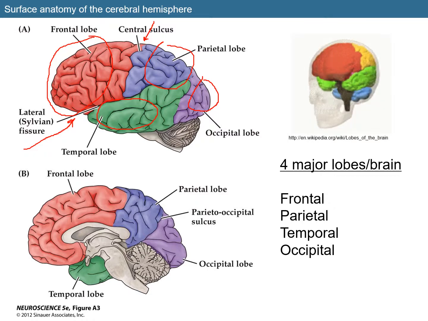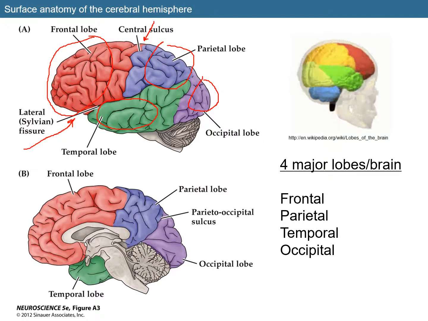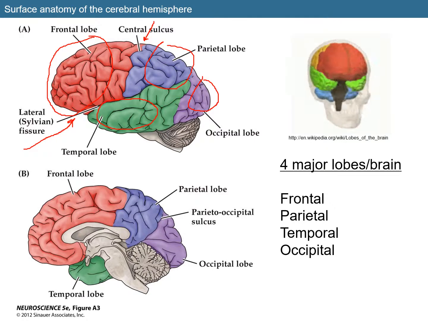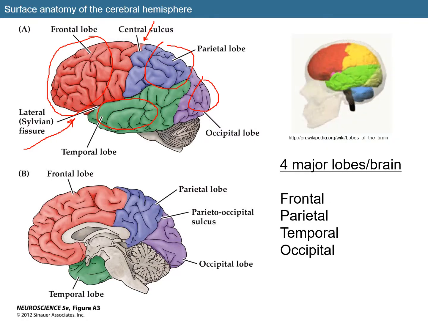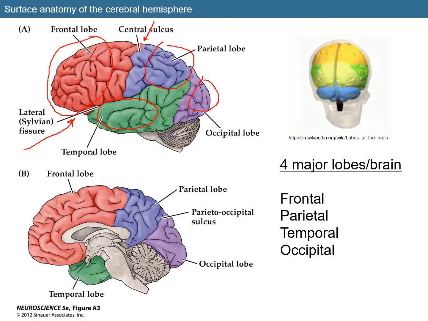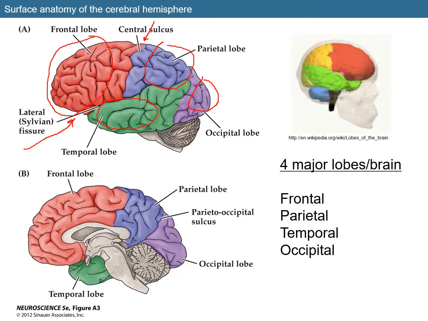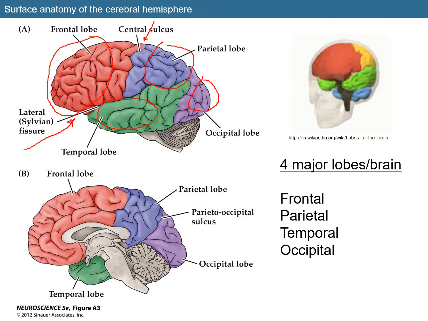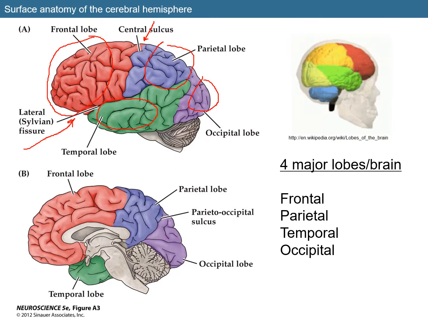We'll talk more about that. There are a number of other sulci and gyri, but the major ones you need to know are the central sulcus, which we'll discuss when we talk about motor and sensory function in the brain. We'll also talk about the lateral, or sylvian, fissure when we discuss reading and auditory cues in the brain.